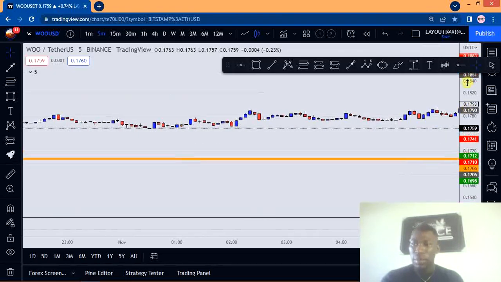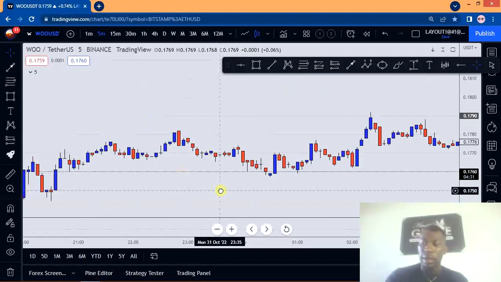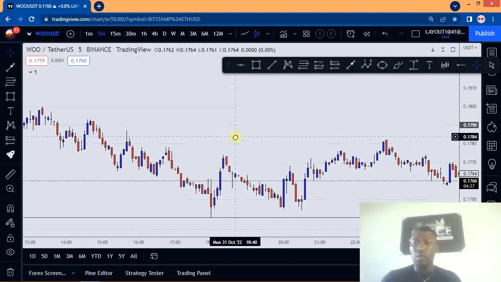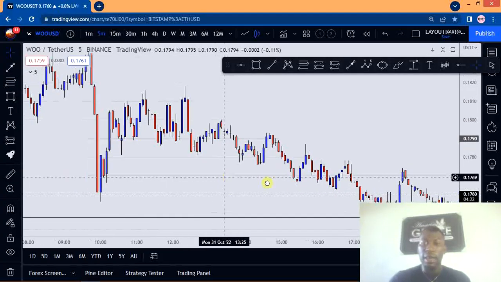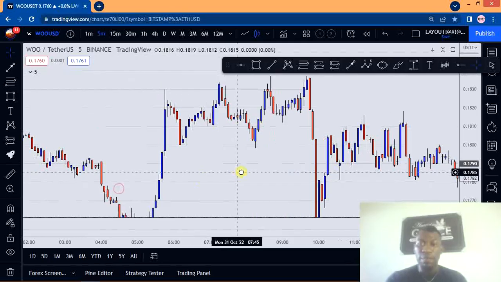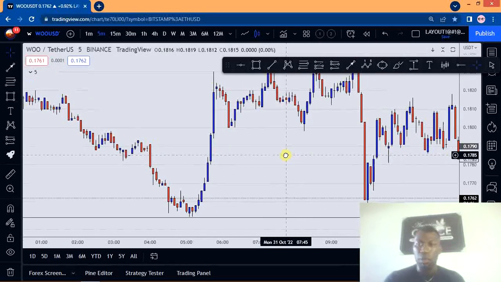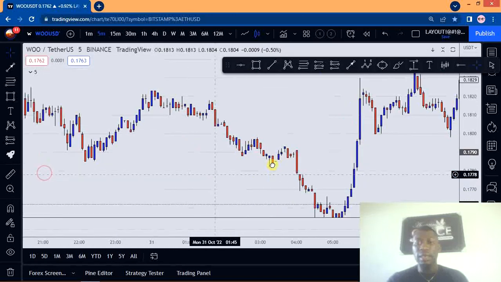Now this is the thing. What we do is simply be checking out for trades. So we have this, for instance. Wow, this is a major spike movement. Dang. All right, so let's check this out.